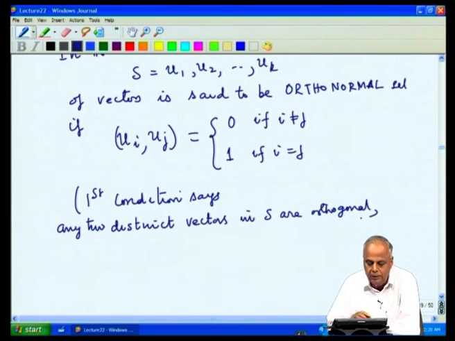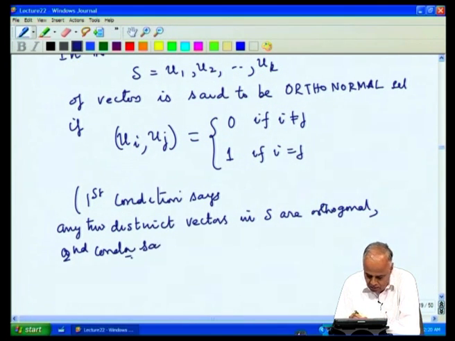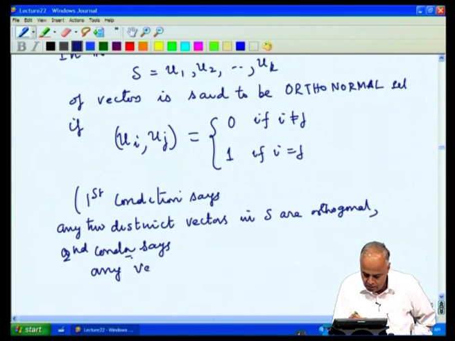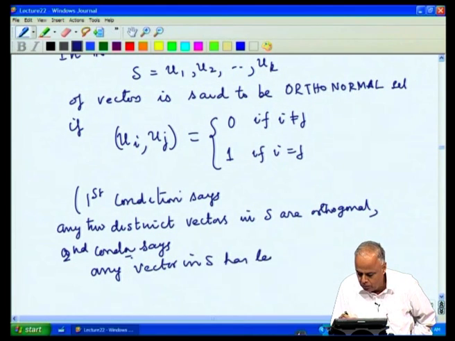The second condition says if we take a vector and inner product with itself, we get the square of the norm, the norm is 1. The second condition says that any vector in S has length 1.